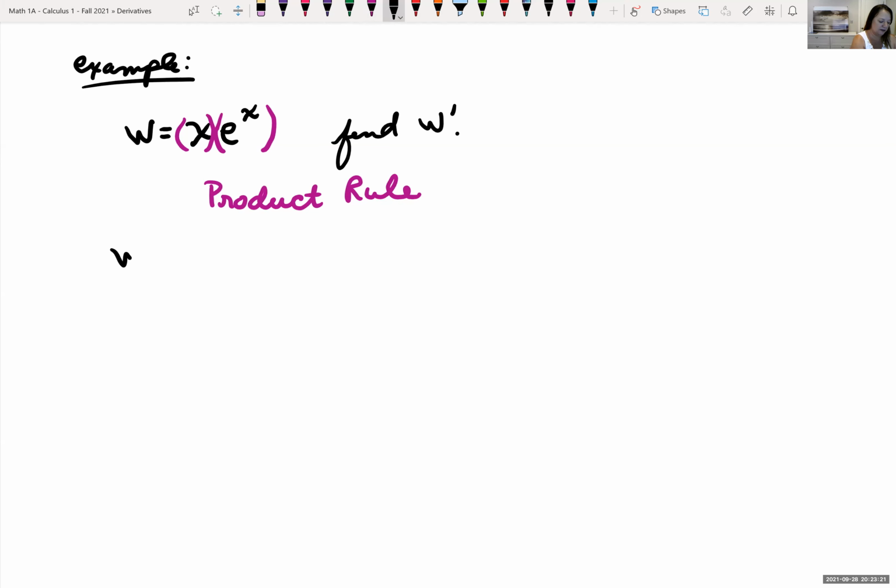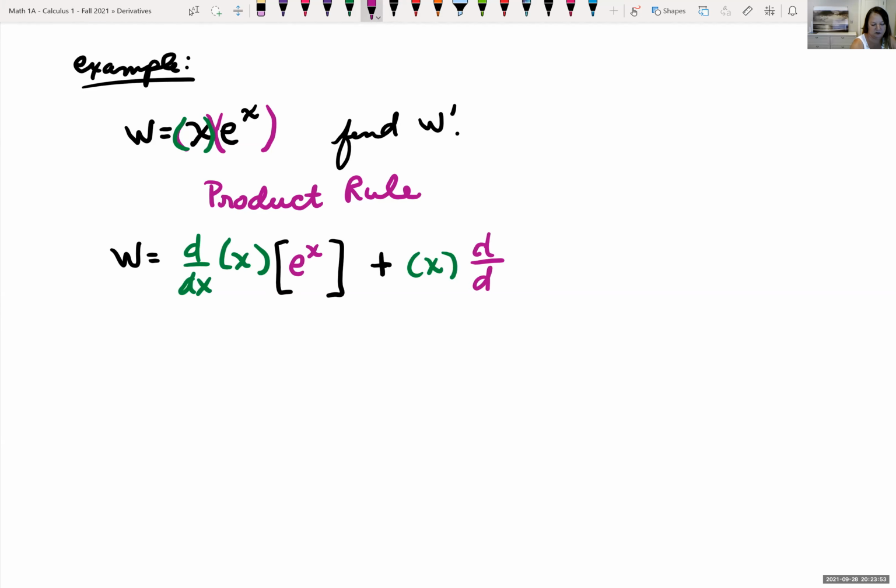And so let me just write it down. The product rule said, remember, take the derivative of the first all times the second, so derivative of x all times the second, which is e to the x, plus the first, which was x, all times the derivative of the second function, so derivative of e to the x.